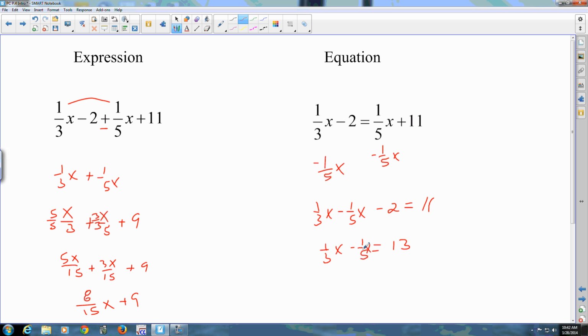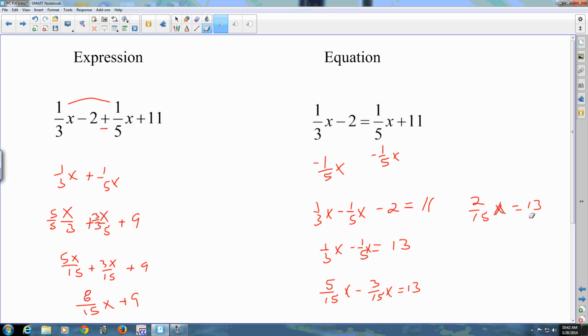Now here, I still have to get a common denominator. It's 15, just like we saw before, so I'd have 5/15 x minus 3/15 x equals 13. So you're going to get 2/15 x is equal to 13.